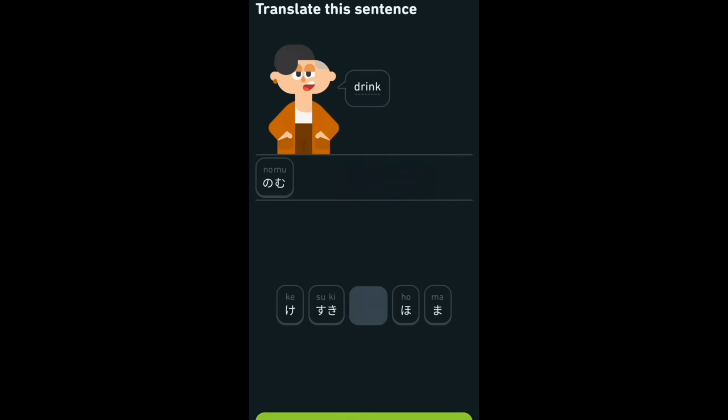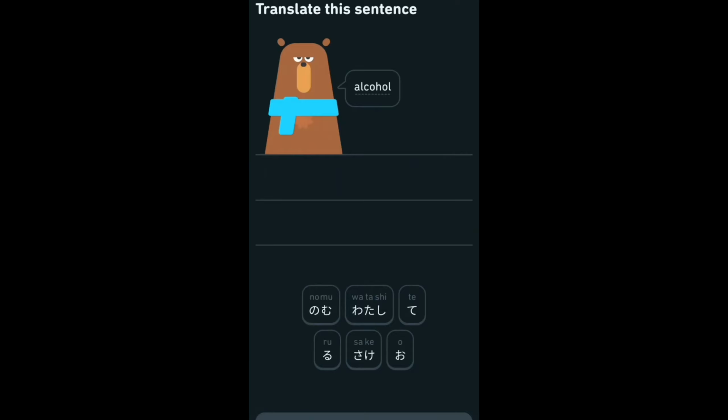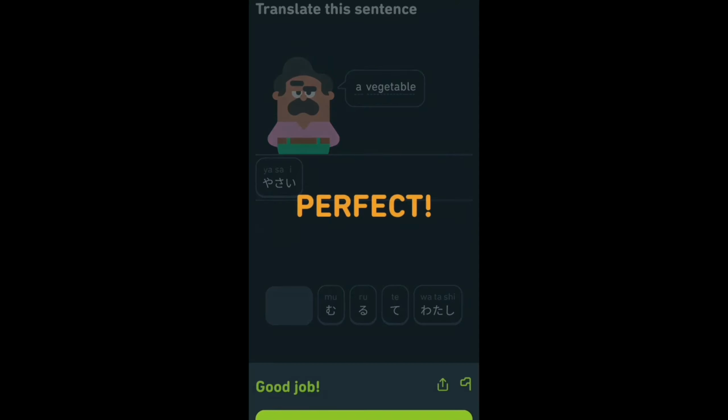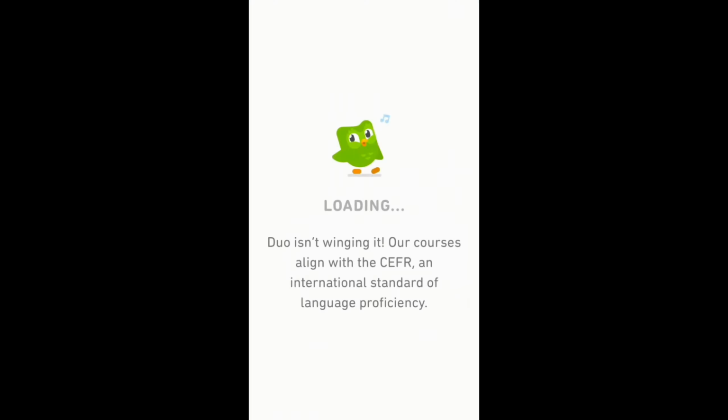Drink is nomu. Alcohol. Yes, sake. What is vegetable? Yasai. So, alcohol could be sake or osake. They're basically the same, but osake is alcohol in general and sake is a particular type of drink.